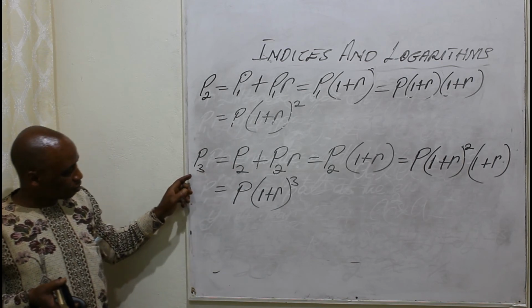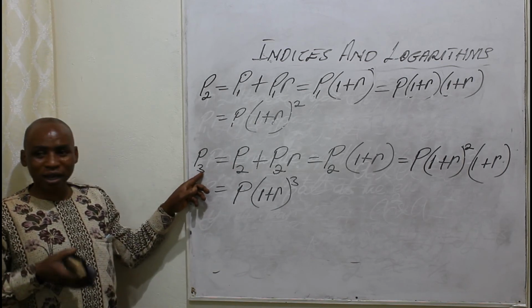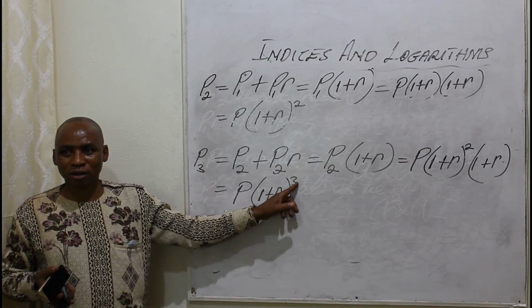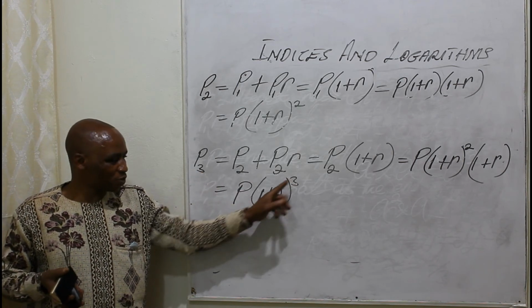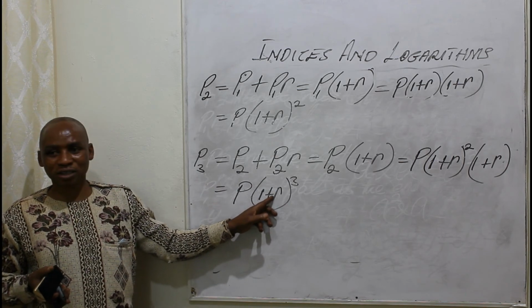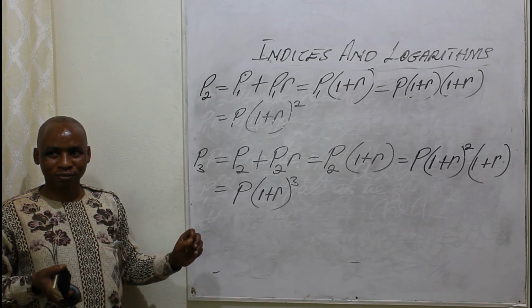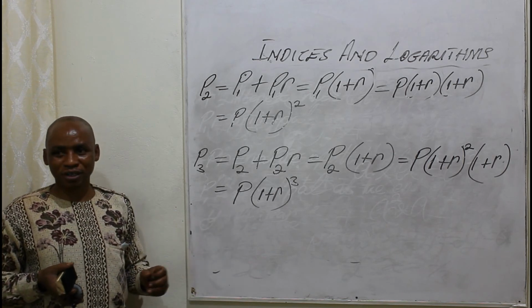So you see that the time of investment is always expressed as the exponent of 1 plus the rate of interest. Then you multiply by the principal.